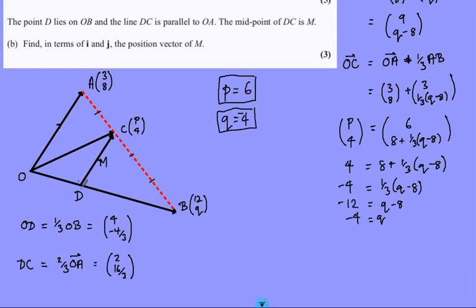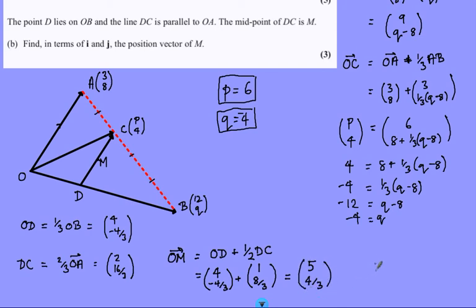Now, finally, what we need to do is to go from O to M, which is what I want to do. I need to go from O to D, and then I need to use half of D to C. So 4 and -4 over 3, plus half of D to C, 1 and half of 16 over 3 is 8 over 3, which will give me 5 and 4 over 3.